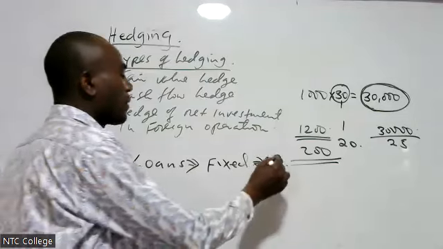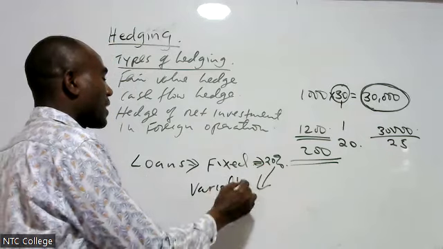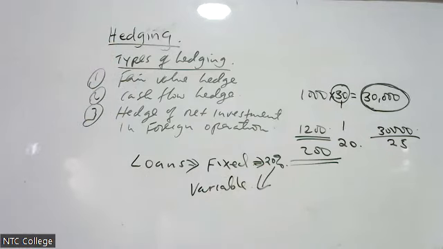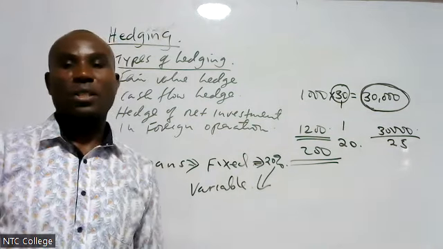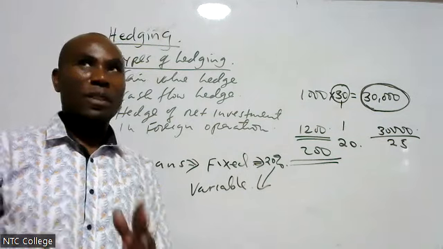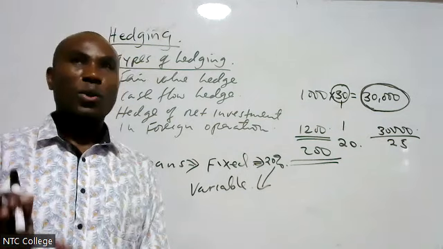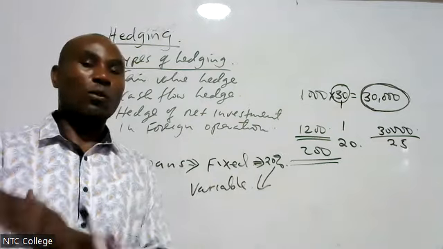Therefore, I swap this fixed rate with the variable. You swap the fixed interest with the variable interest rate, for example. There is interest rate swapping so that you hedge against the exposure in the variability of the cash flows you are going to receive in the future. Therefore, maybe you hedge variable, you go and fix, or maybe you hedge fixed, you change it to variable.